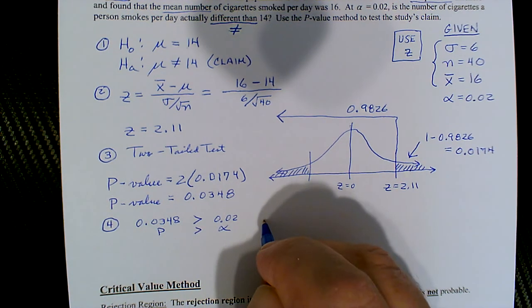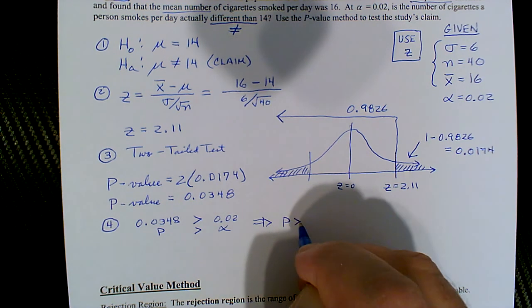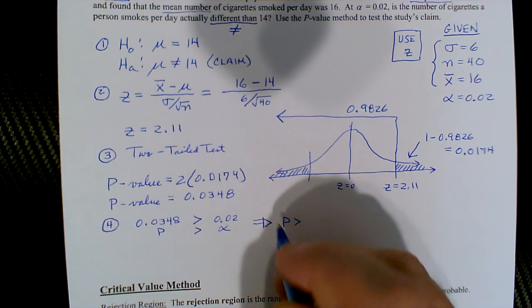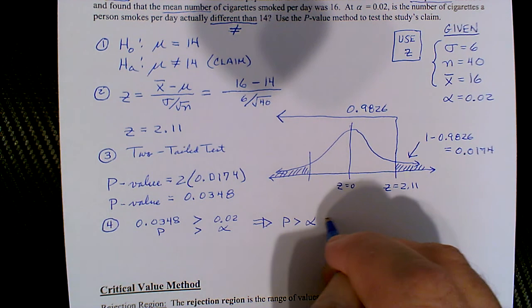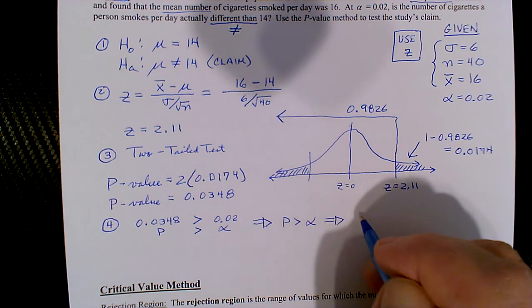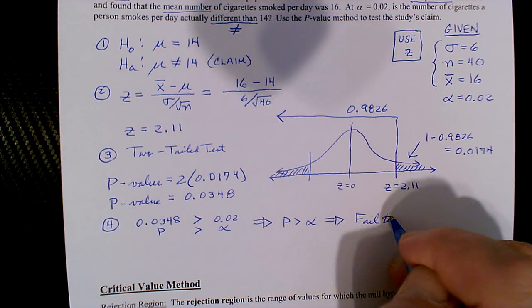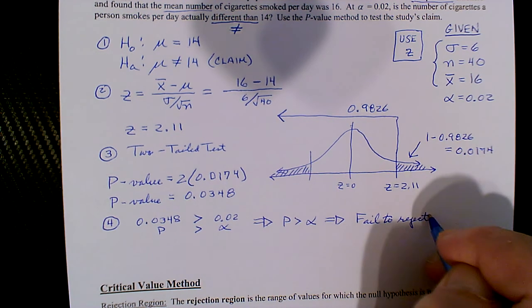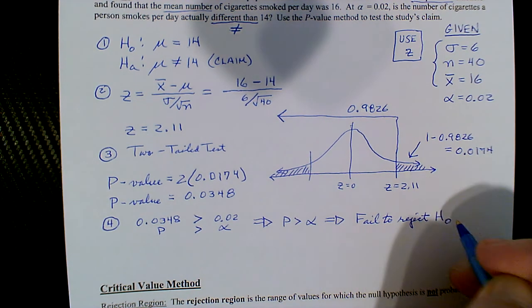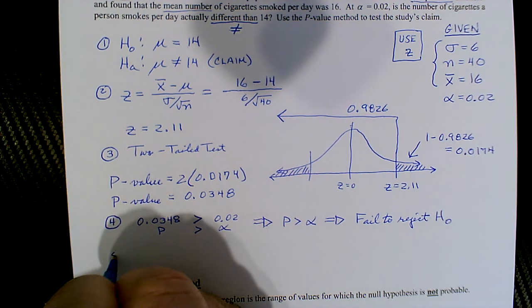And recall that when p is greater than alpha, that means the H0 is probably true, so we fail to reject it. So fail to reject H0 as our decision, and now our conclusion.